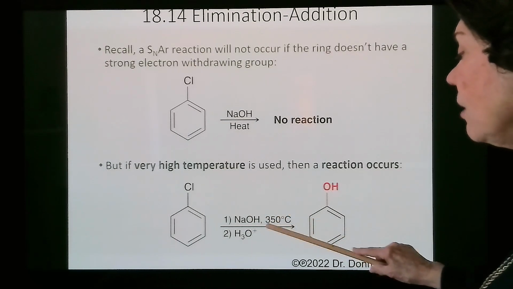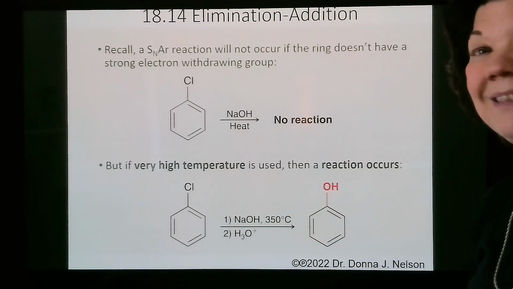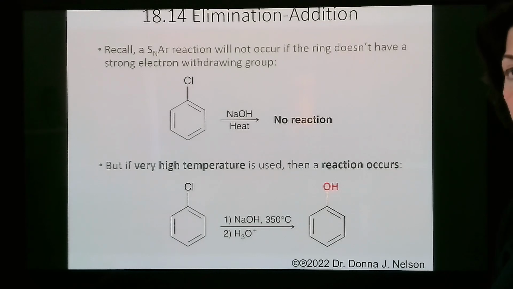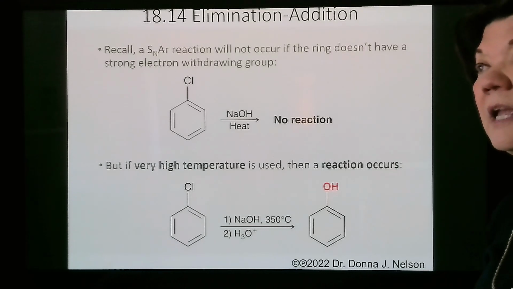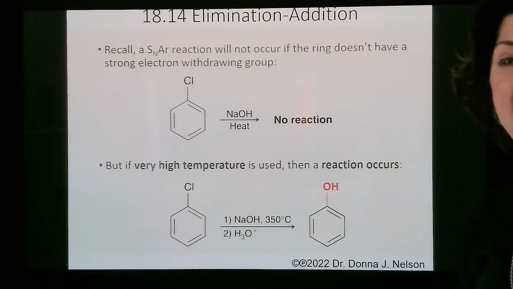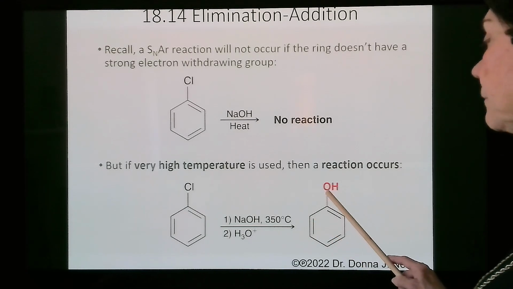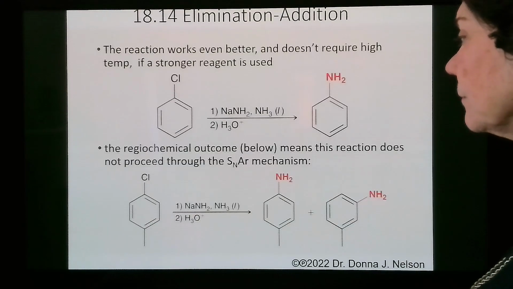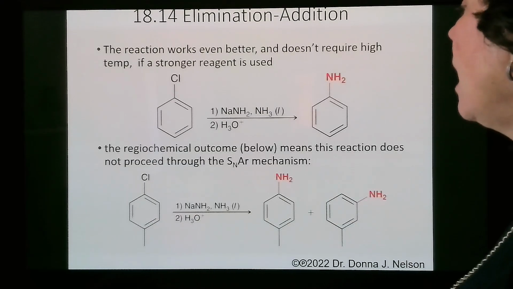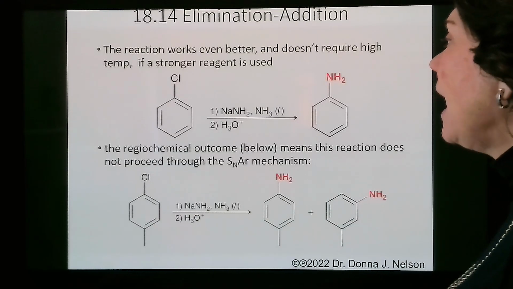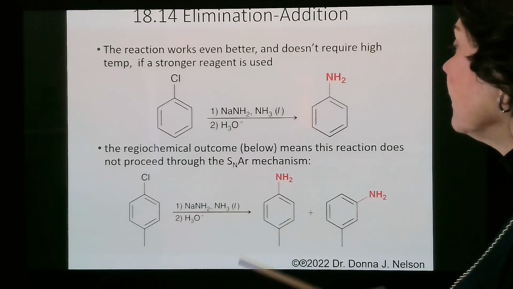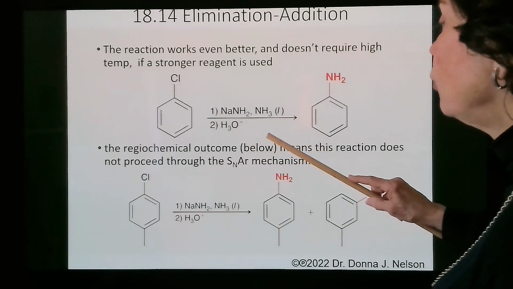Notice this is 350 degrees centigrade. That is very high temperature. So that is what is obtained often in a gas chromatograph oven. And so, how is that reaction accomplished?